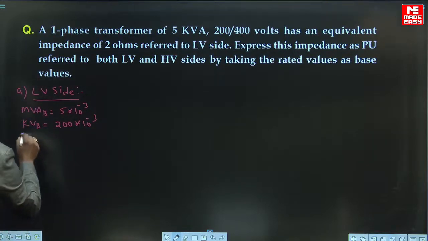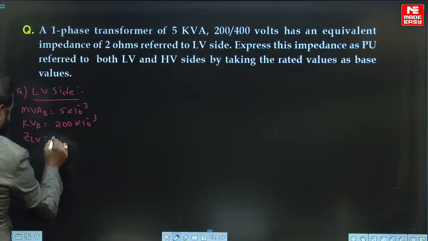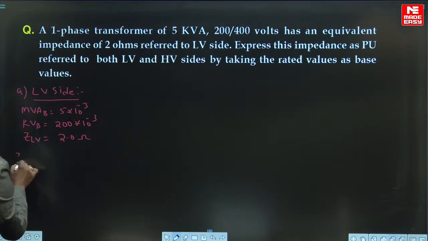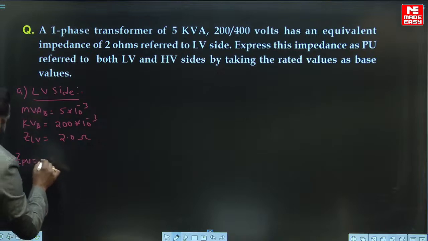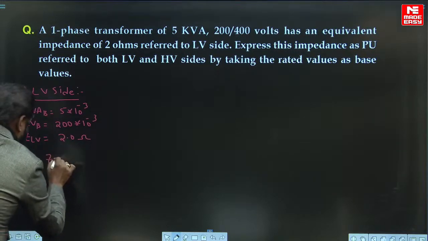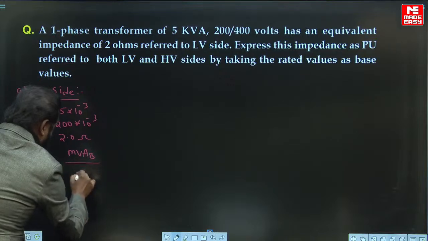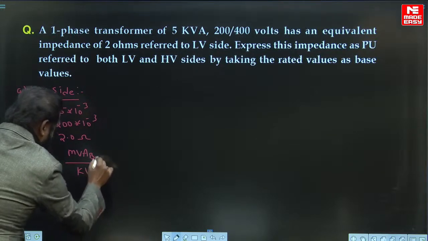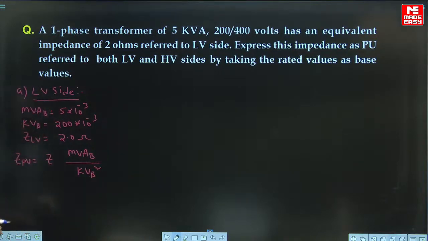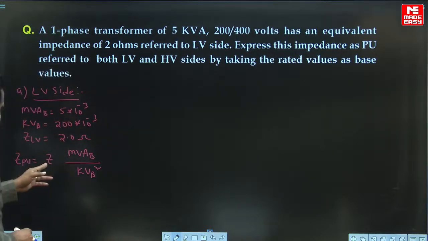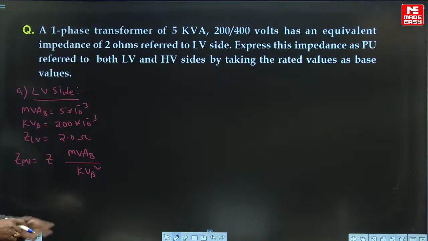Z on the LV side is given as 2 ohms. Then Z per unit equals Z into MVA base divided by kV base square. It is the standard mathematical formula for the conversion into per unit.